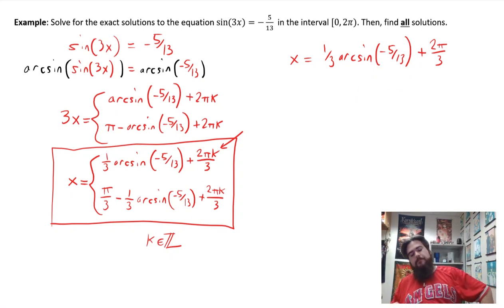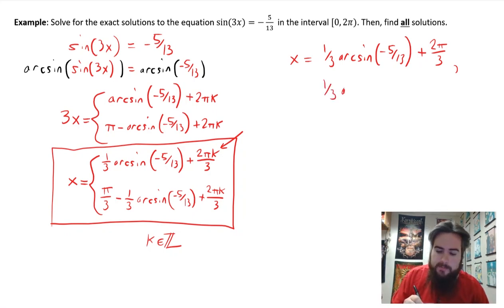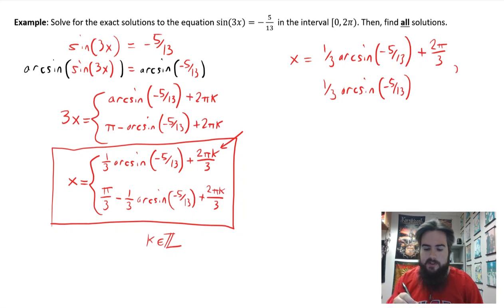Possibly quadrant 1. However, I already know at this point I now have a positive angle measure, so that's going to work. I should be able to generate another solution using that same solution set by adding another instance of 2 pi thirds. So now adding 4 pi thirds.